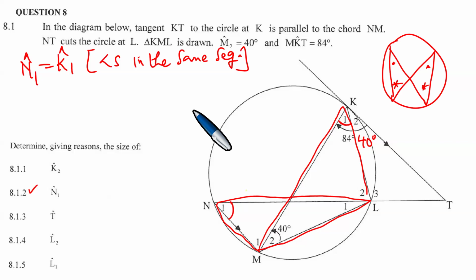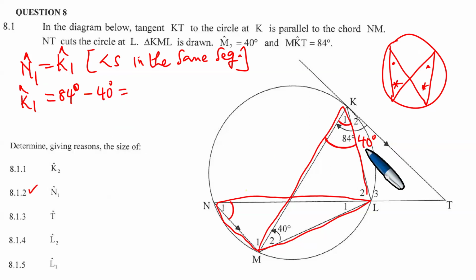But the challenge is that we don't know this angle here. We know the whole thing, and we also know this one is 40. But we can say that the angle K1 is 84 degrees minus 40 degrees.